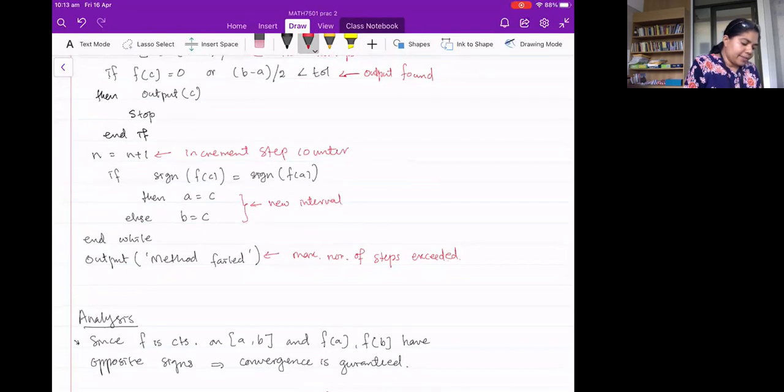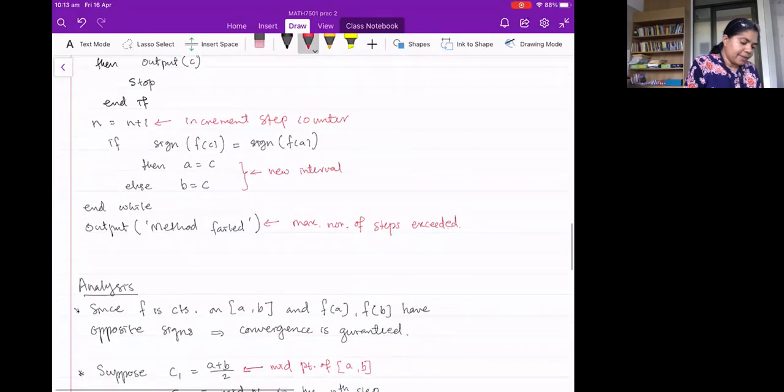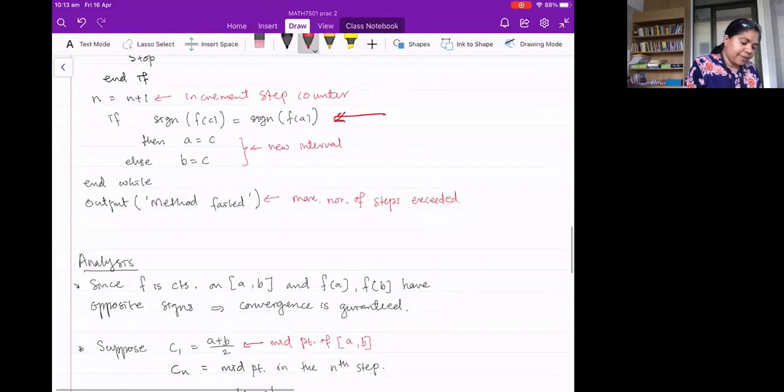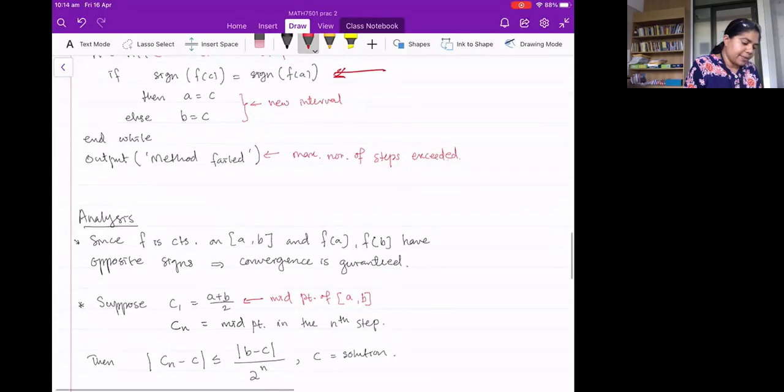Then after n plus 1, that is, incrementing the step, if the sign is the same, then A equals C, that's the new interval. Different programs implement this differently.